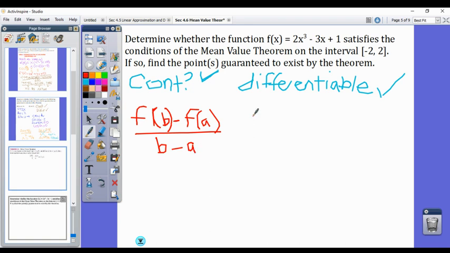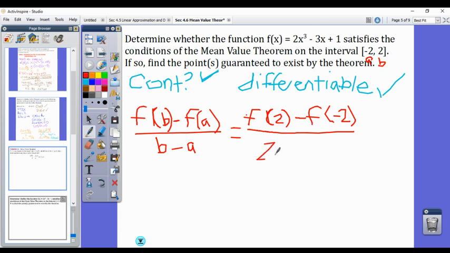Okay, so what we are essentially going to do, this -2 is a, and this is b. So we're going to plug in f of 2 minus f of -2, all divided by 2 minus -2.